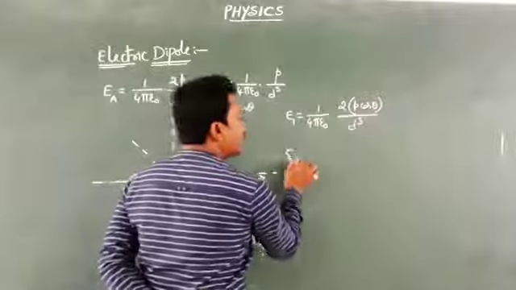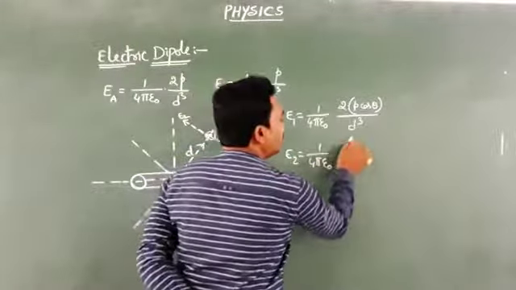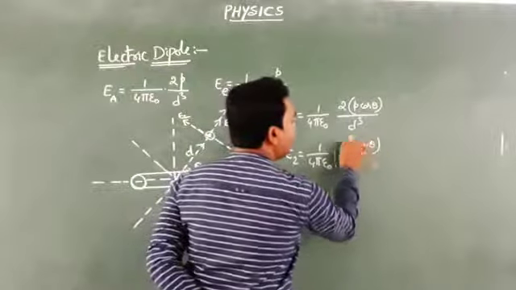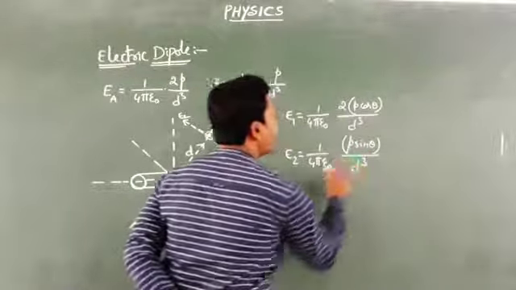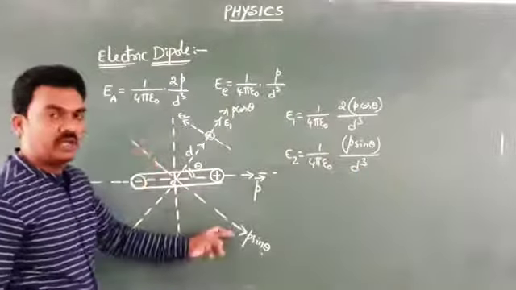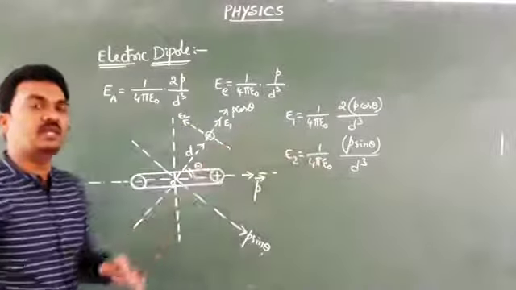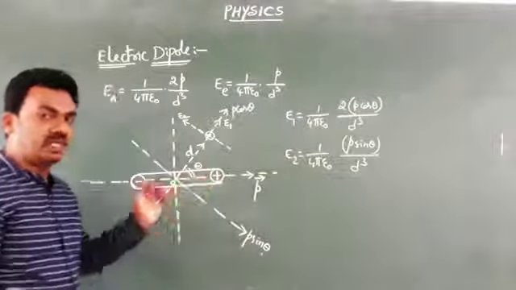Whereas E2 is equal to 1 by 4 pi epsilon naught into p sin theta by d cube, because this point falls on the equatorial line of the dipole of moment p sin theta, so the E2 value will be 1 by 4 pi epsilon naught into p sin theta by d cube.